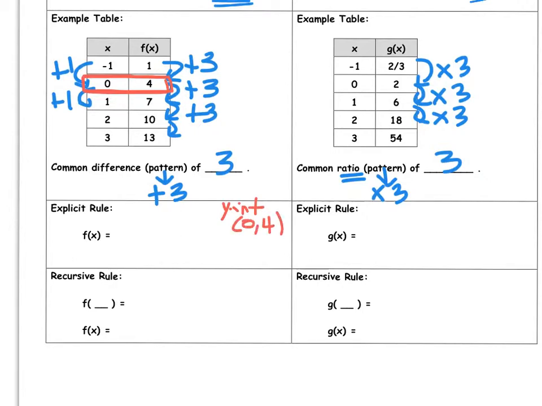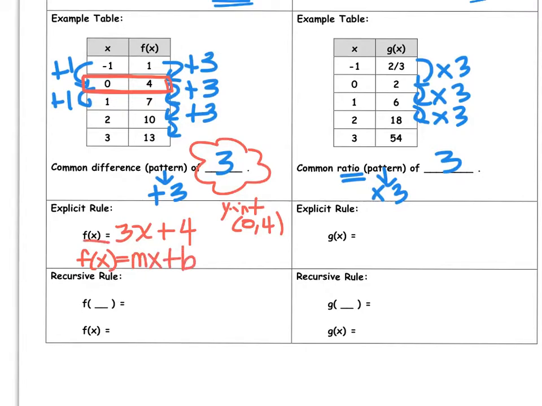And remember, our common difference is 3. To write an explicit rule for a linear function, it looks like this: y equals, first we write our slope, which is 3, then the letter x, and then we add our y-intercept. Underneath, I'm going to write the format: f of x equals mx plus b. That should look very familiar.